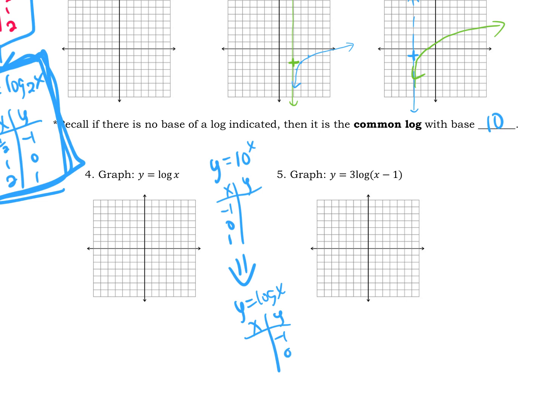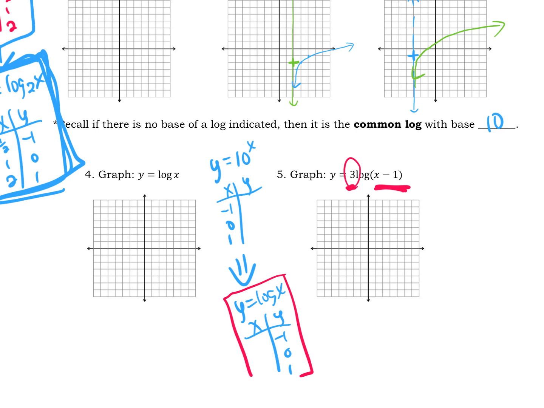We're not going to go through that, but just reminder, similar process. Think about what's going on here. This is saying shifting which direction? Right, 1, good. And we would multiply our y's in this table by 3 in order to deal with that 3 there.